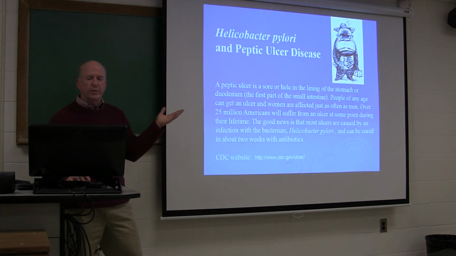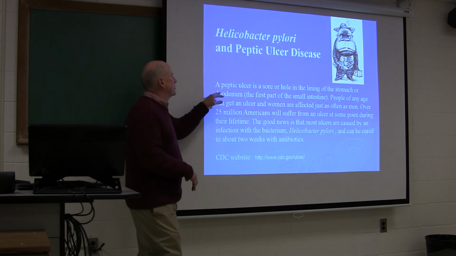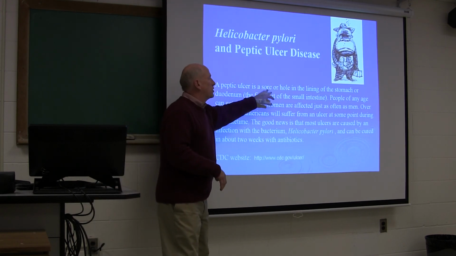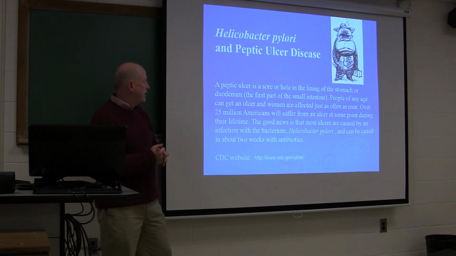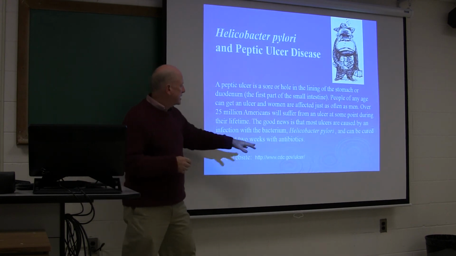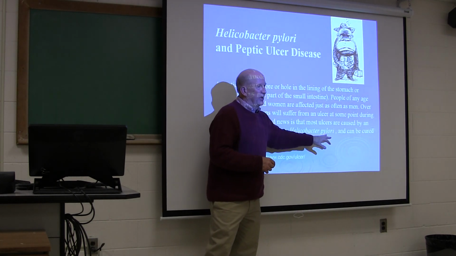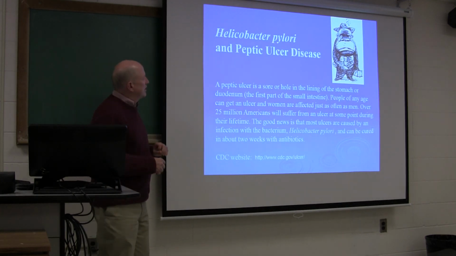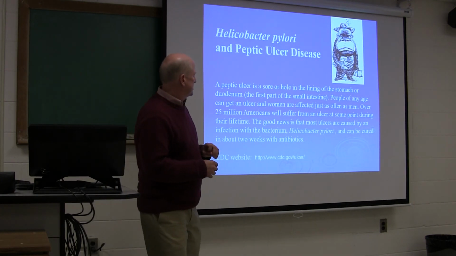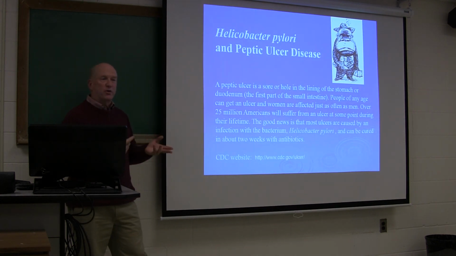Next, ulcers. We mentioned ulcers before. A peptic ulcer in the stomach is a sore or even a hole in the lining, and it's important you have to have a bacteria. There's a bacterium called Helicobacter pylori, and I know I didn't say that right, but it's usually H. pylori is the way they usually say it, and that has to be there to actually form ulcers.